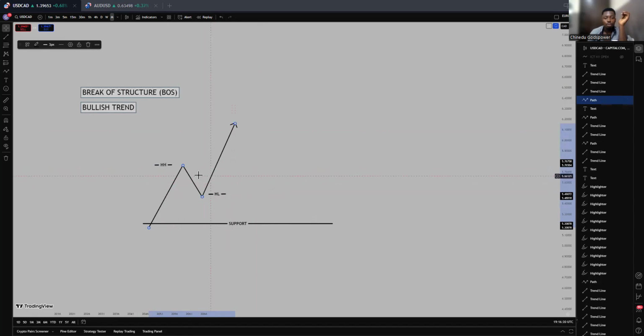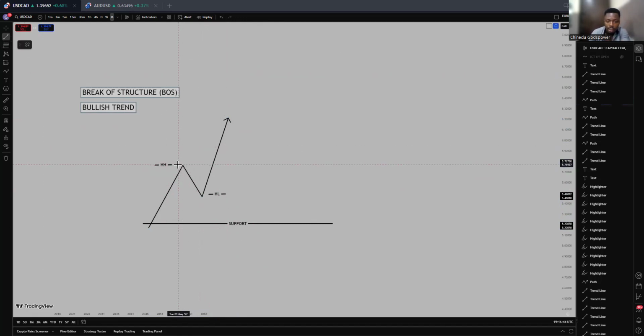Now, where it breaks structure is whenever price comes from below and breaks a recent high and goes through it. It doesn't react on it and go down, it goes through it. This level here is seen as what? A resistance level.